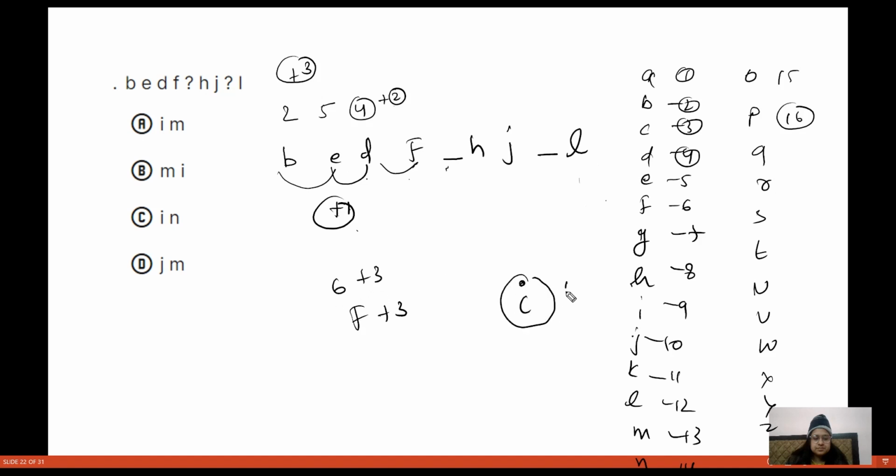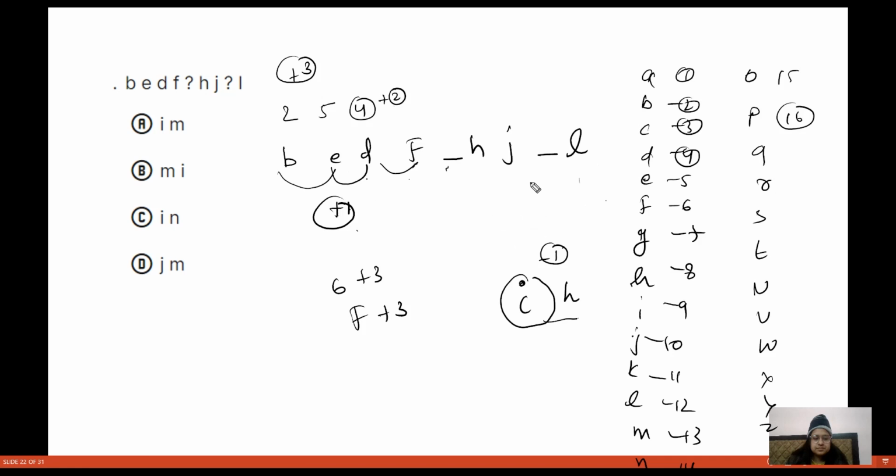And IH, what is the difference? Minus 1. Fine. IH, the difference is minus 1. Yes, because from E to D, the difference is minus 1 only. So this is working for me.